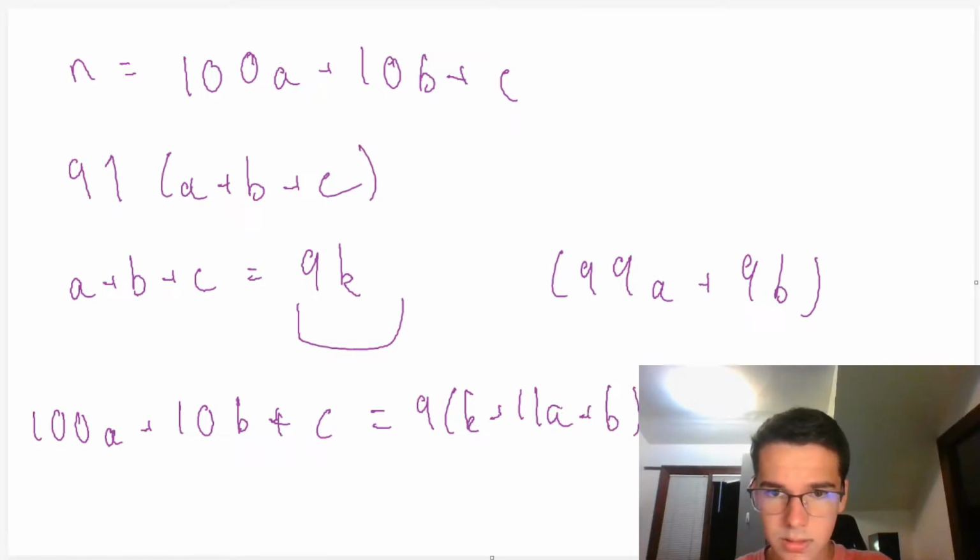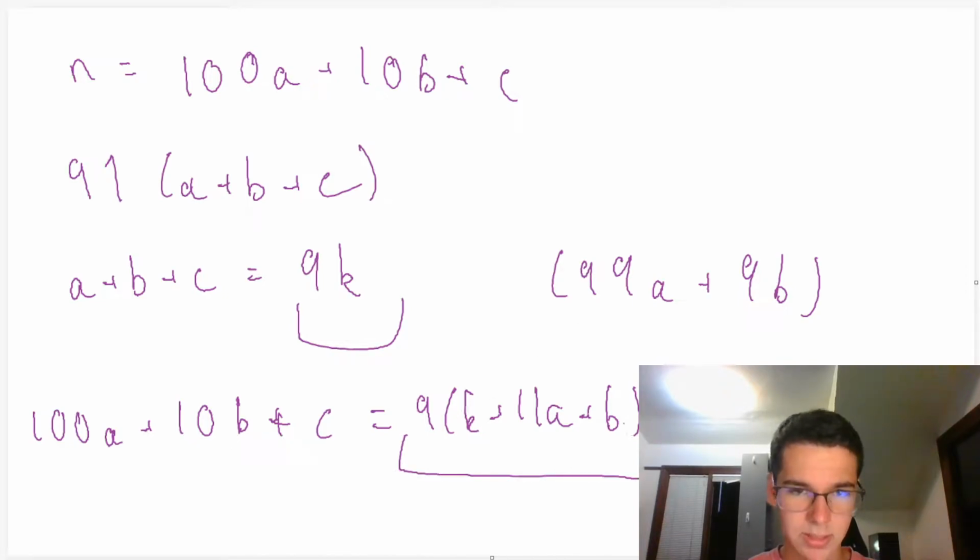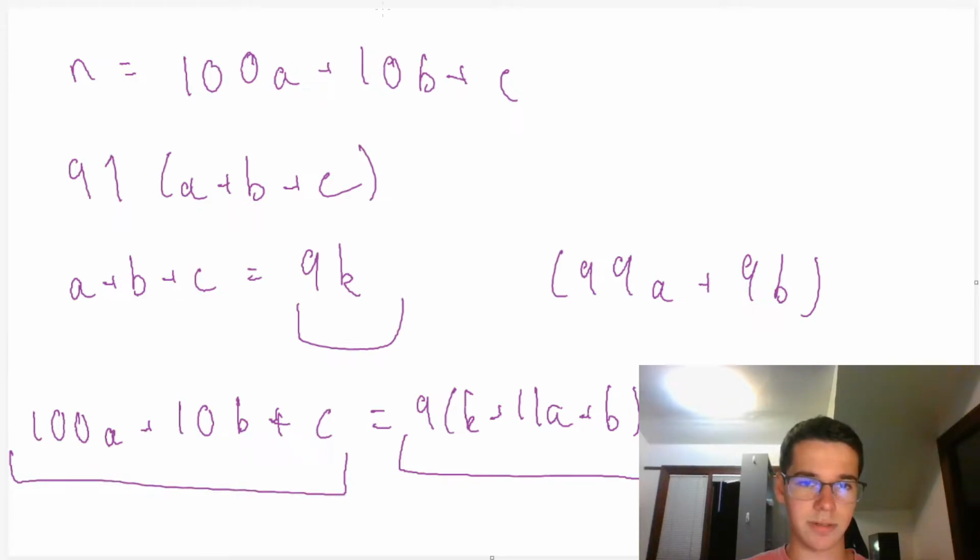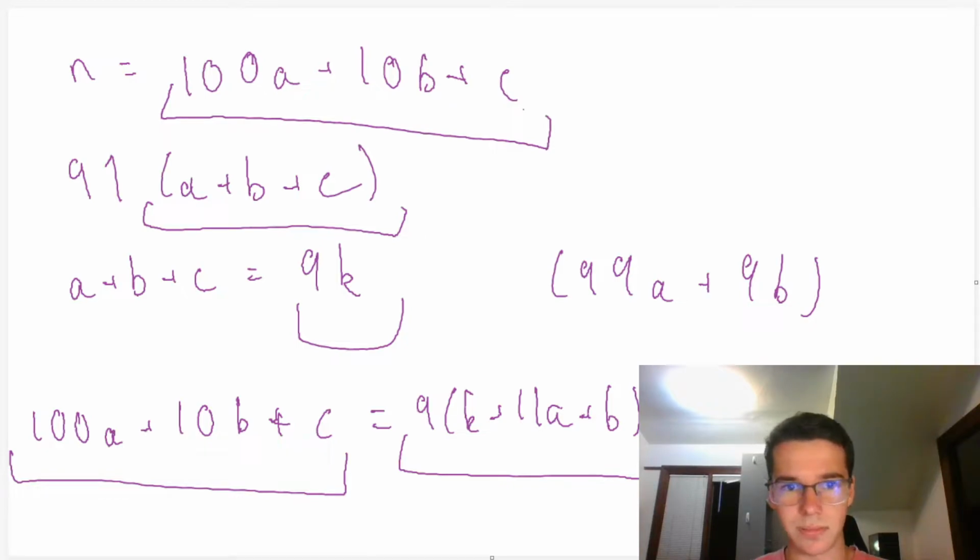Okay, yeah, that's just on screen. Then we can tell just by looking at it that this is divisible by 9, and so because of that we can conclude that this is divisible by 9, and we have shown that if the sum of the digits is divisible by 9, then the actual number itself is divisible by 9, right?